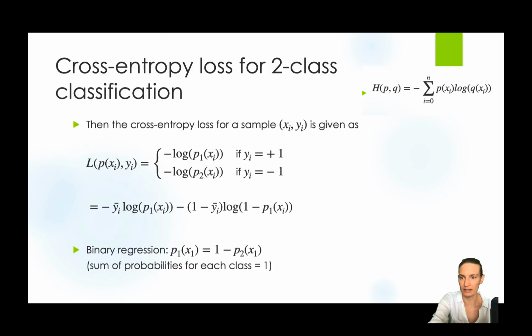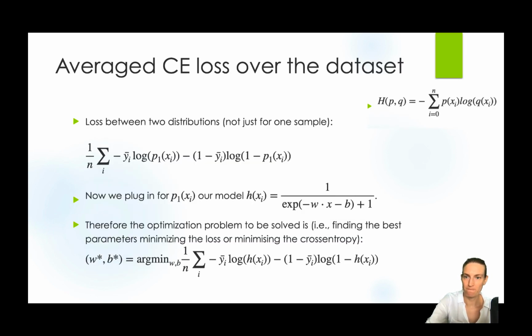Let's look again at this. We start from this equation, the cross-entropy loss, and we plug in our model for H. Our model, if you remember, is the sigmoid function of this linear combination. So this means that the optimization problem to be solved is just this cross-entropy loss with this plugged in.